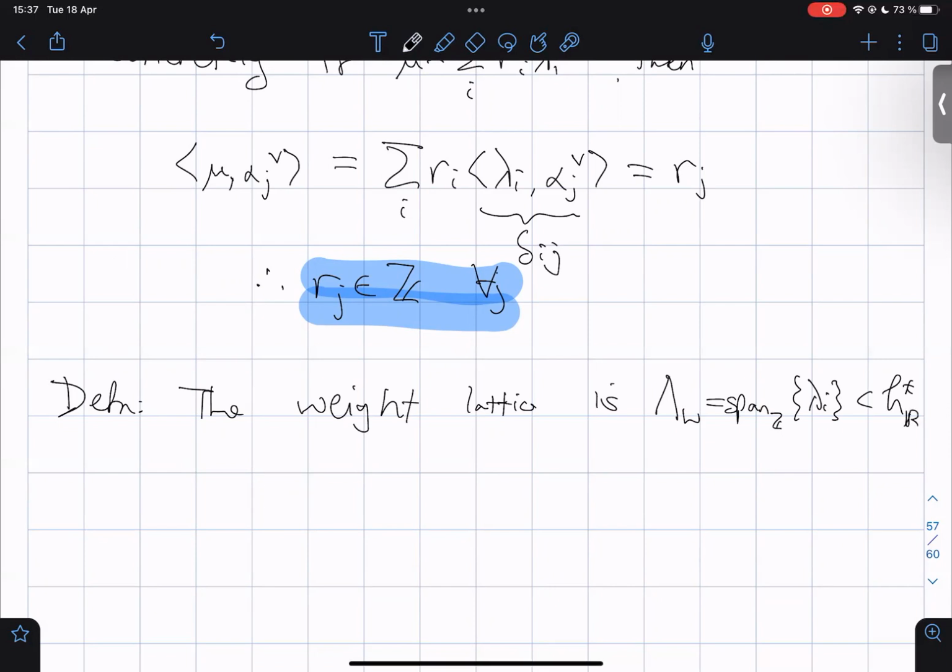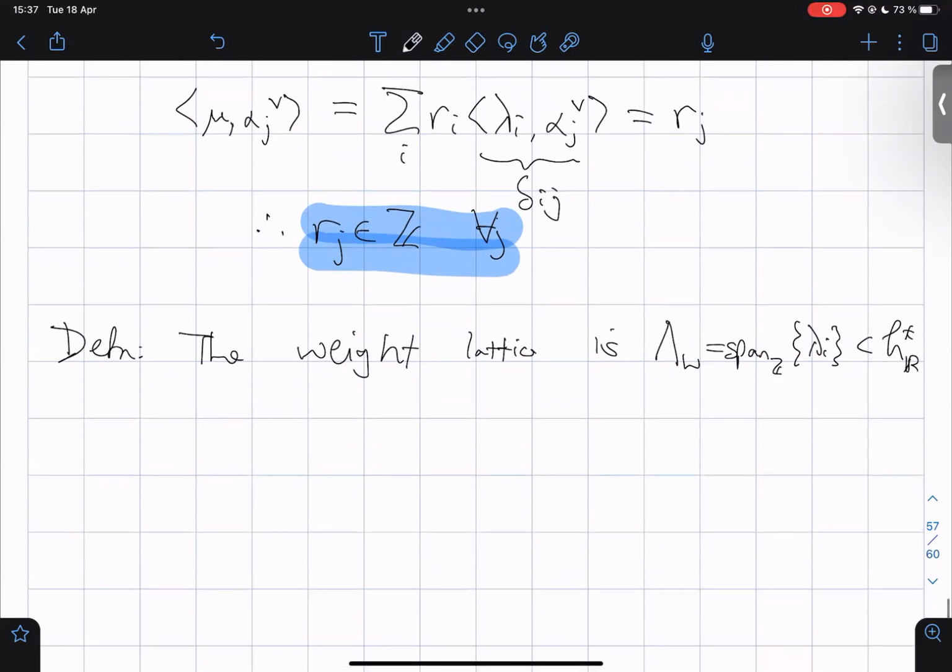So that's living in this real slice of H star. That's adapted to any general representation, so weights will live on the weight lattice. Roots are particular types of weights adapted to the adjoint representation.